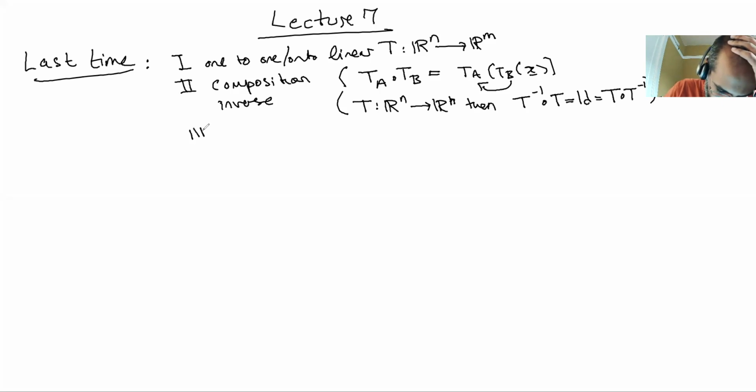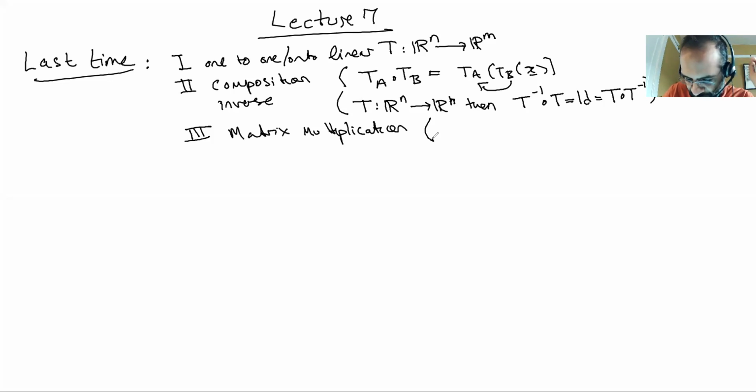And then finally, we talked about matrix algebra. So we talked about multiplication and inversion of matrices. Actually, just multiplication. We didn't get to finish. And the key property of matrix multiplication that I want to emphasize, which is really the meaning of matrix multiplication, is that it corresponds to composition of linear transformations.